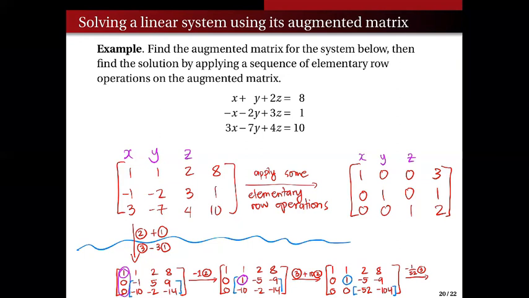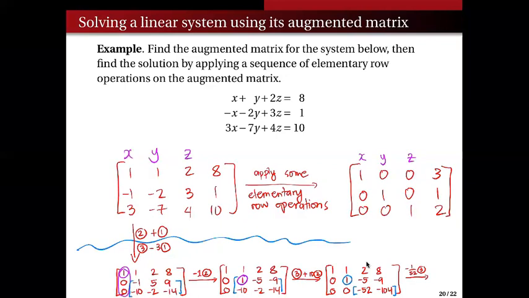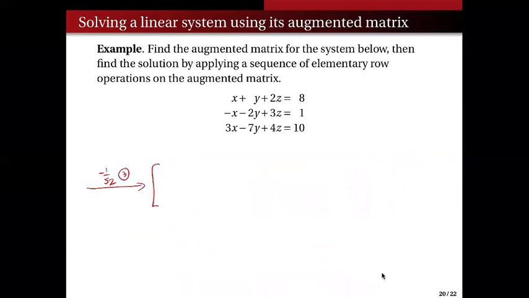Okay? So let's continue on this side here. So we had negative 1 over 52 of row 3. Our first row, it's 1, 1, 2, 8.